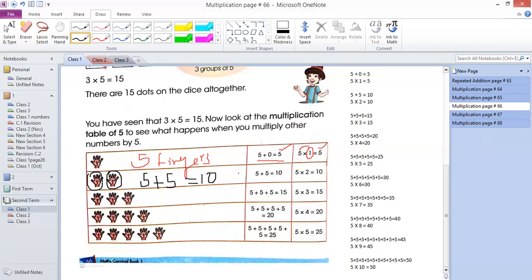So 5 plus 5 is equals to 10, or you can also say that 5 multiplied by 2, 2 times 5 is equals to 10. Why 5 multiplied by 2? Because there are 5 fingers in every hand and such 2 hands are there. So 5 multiplied by 2, that's equals to 10. That means there are total 10 fingers. Is it clear, guys?